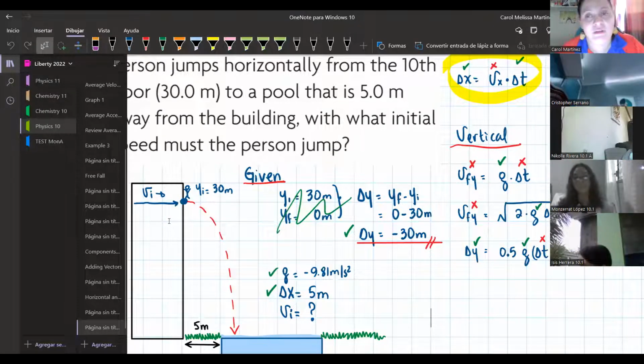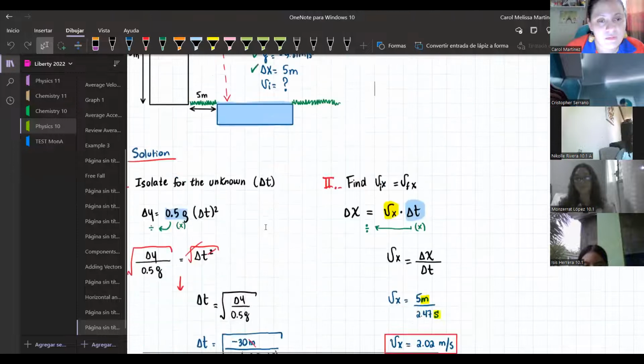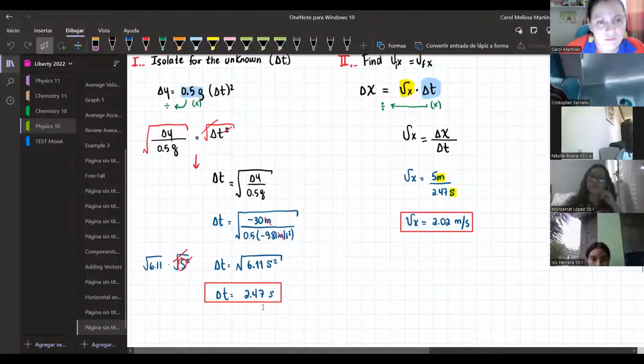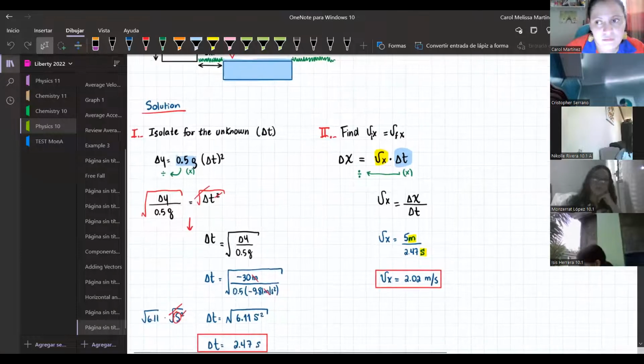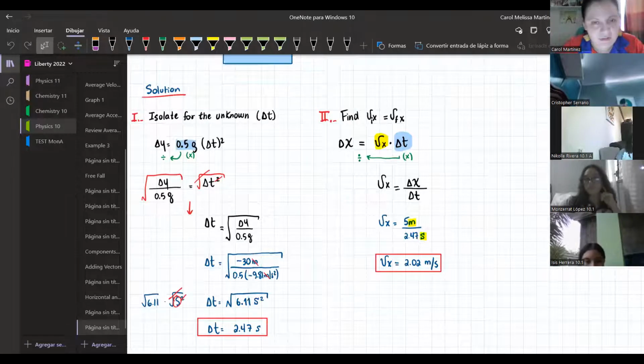Do you have a doubt on this exercise? It's very similar to free fall. It's very easy. Free fall and this one are very easy and pretty much similar.